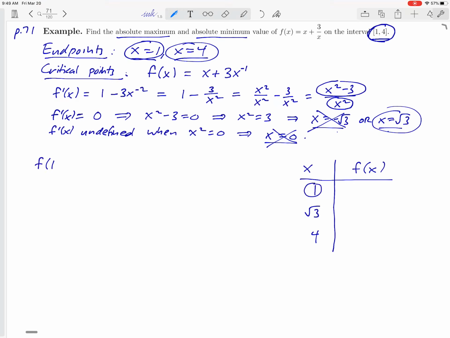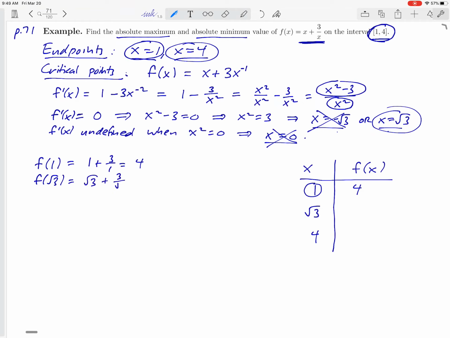Okay, so let's plug those in one at a time. Starting with 1, I'll do that calculation over here on the left. f of 1 is going to be, and remember, we're going back and plugging into the function f of x at the top of the page here. So 1 plus 3 over 1, that's going to give us 4. There's our first output value.